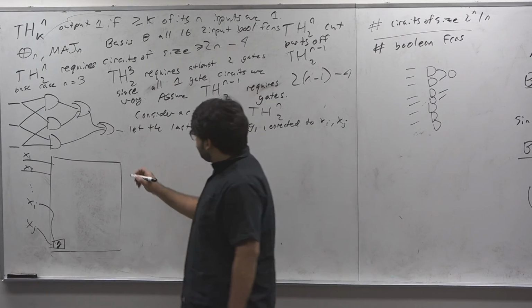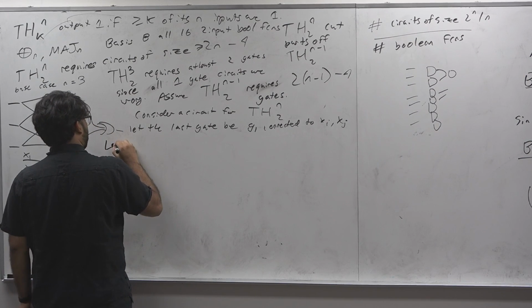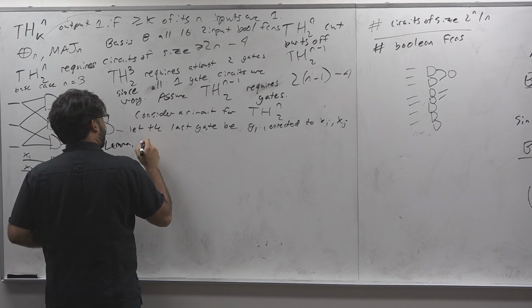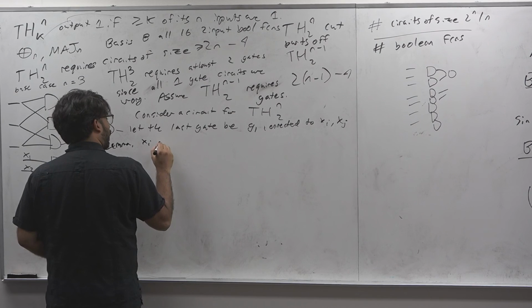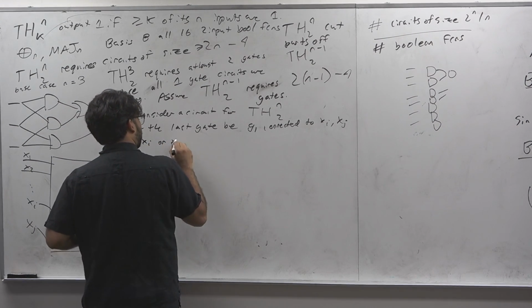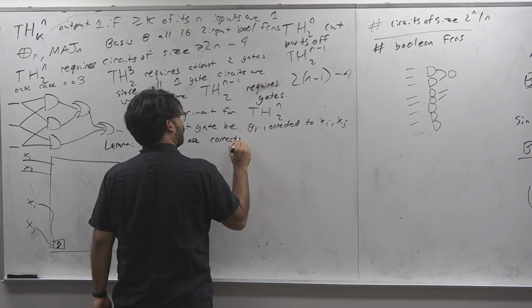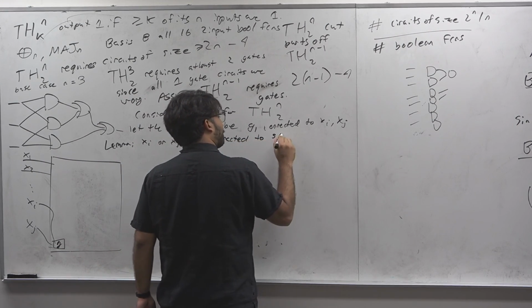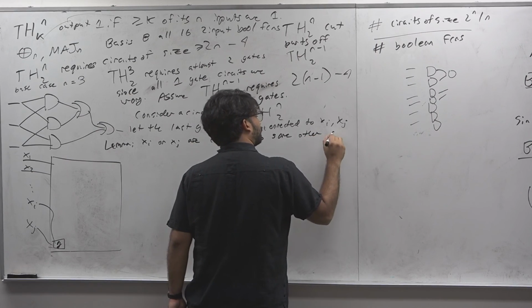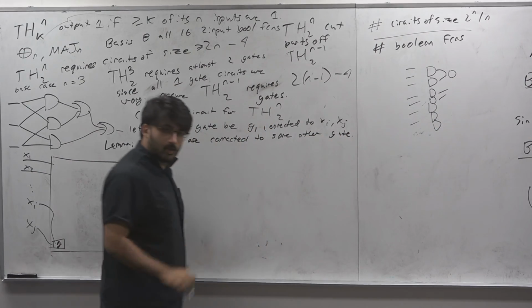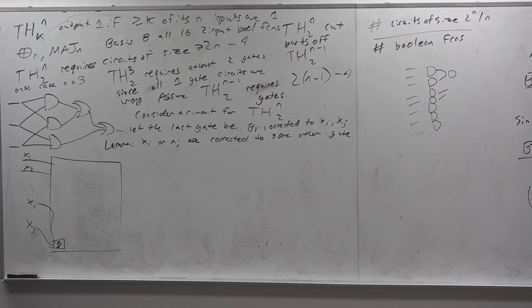I claim, here's a lemma: either Xi or Xj or both are wired up to some other gate. There is some G prime that exists here, okay? Xi is somehow plugged into there.